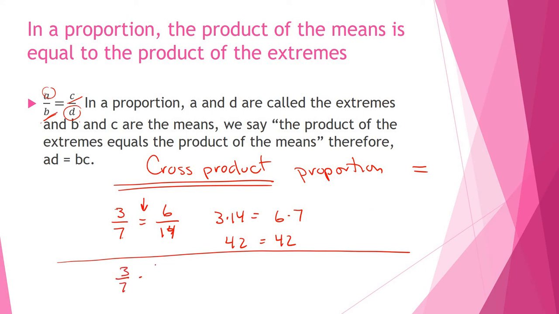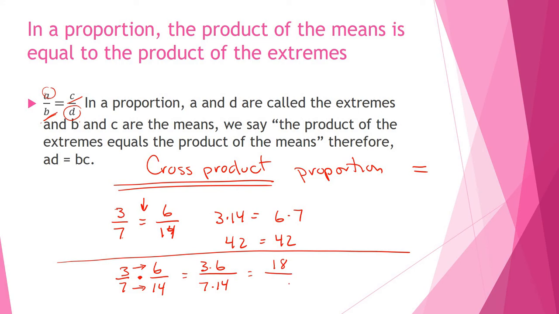When we have a multiplication problem, that is not a proportion. We do not use the cross product. We simply multiply across, 3 times 6 divided by 7 times 14. Numerator times numerator, denominator times denominator.